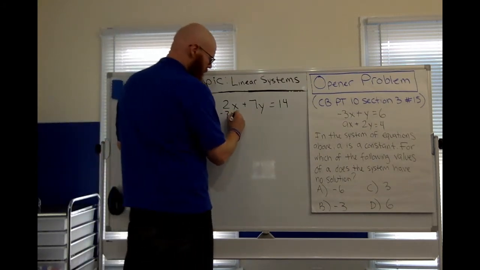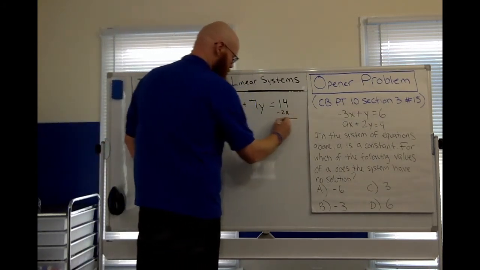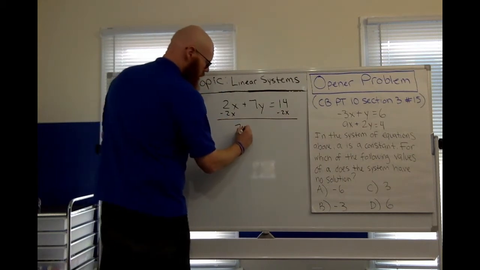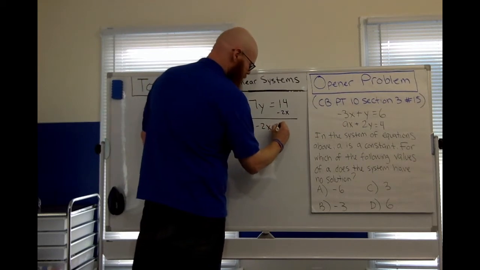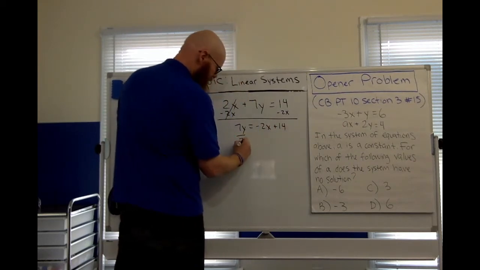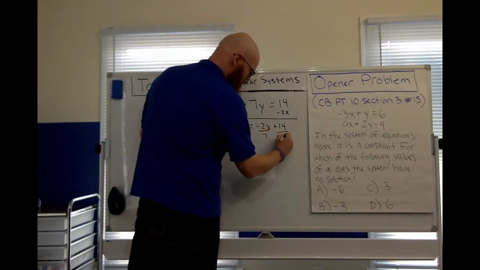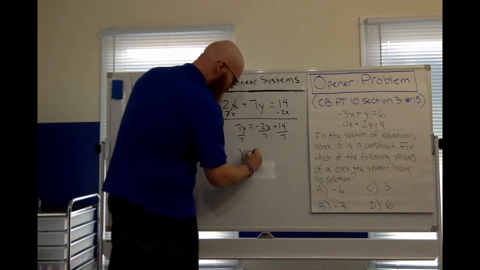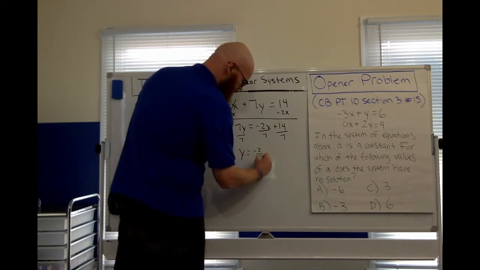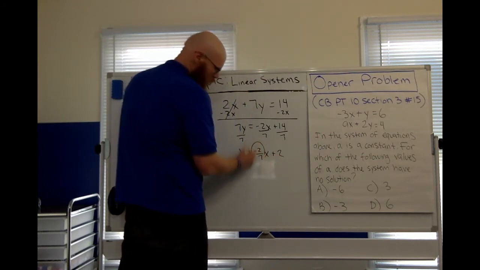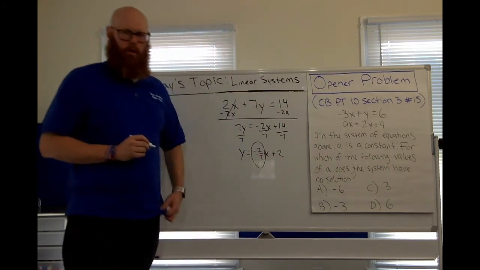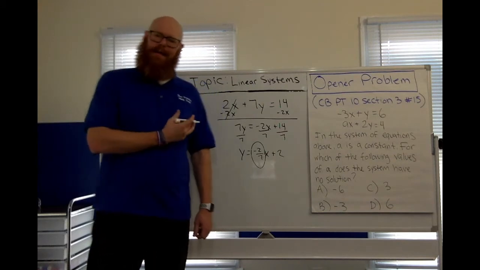So I would subtract 2x, and I would get 7y equals negative 2x plus 14, and then I would divide everything by 7, and y would equal negative 2/7 x plus 2, and my slope would be negative 2/7. All right, that takes quite a bit of time.